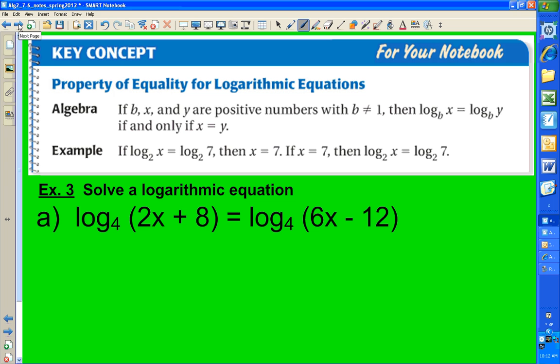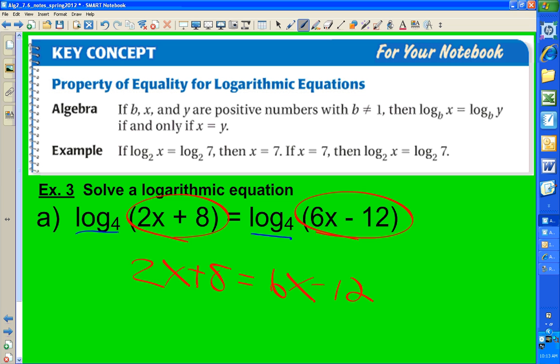The second or the third example of a logical conclusion, again, if you can get log base b and log base b and they're equal, the logical conclusion has to be that what you're taking the log of has to be equal. Log base 4 on both sides, they're the same. Then the logical conclusion has to be what we're taking the log of, 2x plus 8, has to be equal to 6x minus 12.